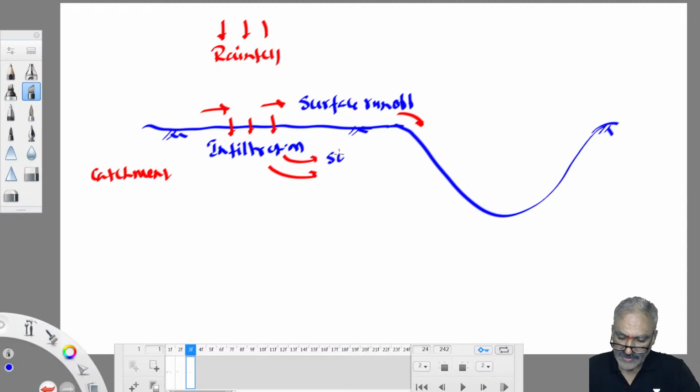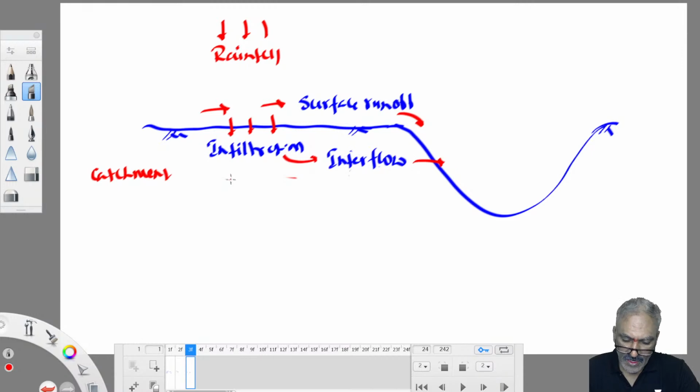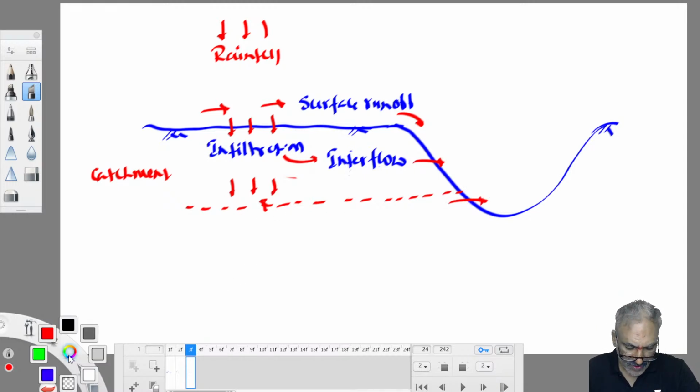That is called subsurface runoff, or simply interflow. The remaining portion of runoff flows deep inside the ground and joins the groundwater table. That groundwater also does not remain in one place, it keeps on moving. Ultimately this groundwater is also delivered into the water course. This portion is called groundwater runoff.